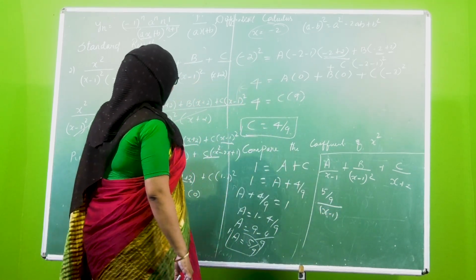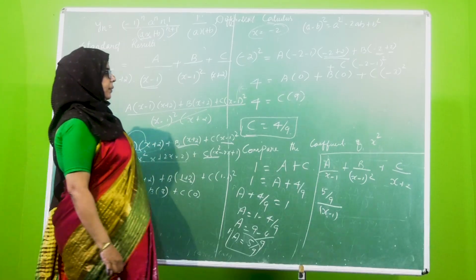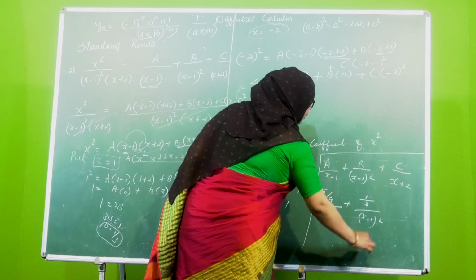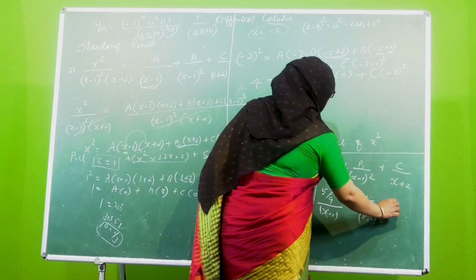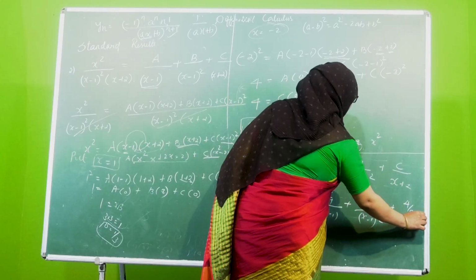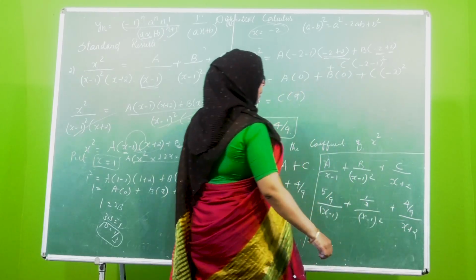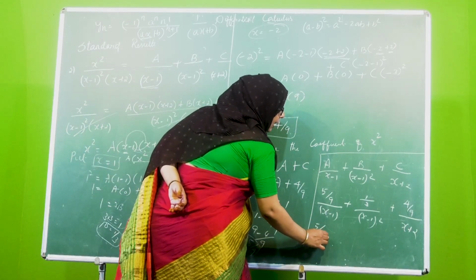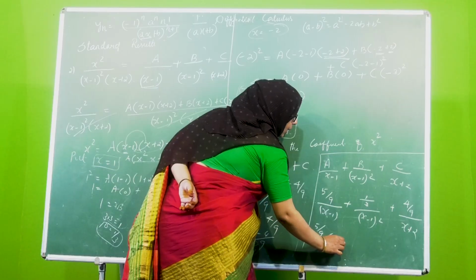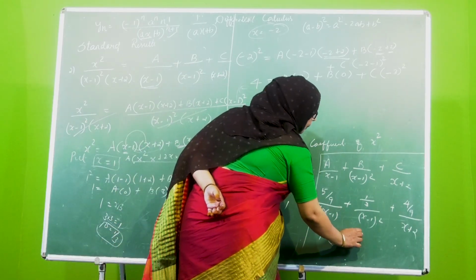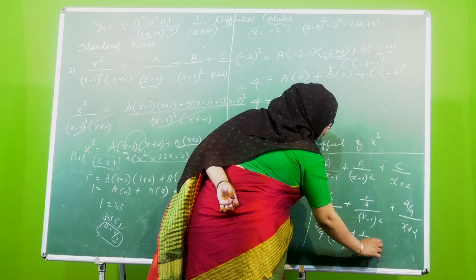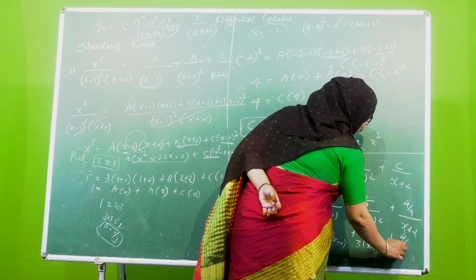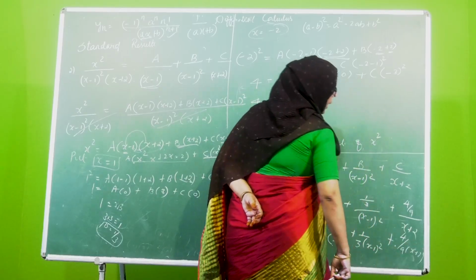What is the value for B? 1 by 3 into (x minus 1) whole square. Plus C, 4 by 9 into (x plus 2).